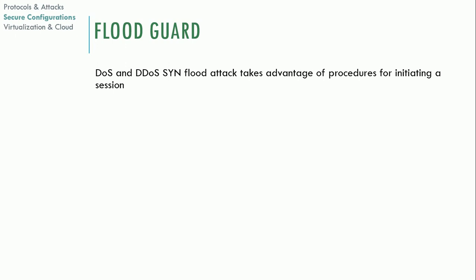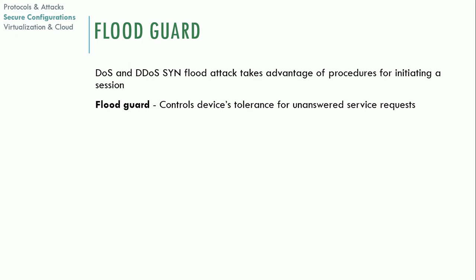There are both nefarious reasons that this happens, but also technical reasons. In either case, we can use flood guard to control a device's tolerance for unanswered service requests. It puts basically a damper on all of these unacknowledged SYN packets floating around the network, and it prevents them from going over and over again until you have a denial of service attack.